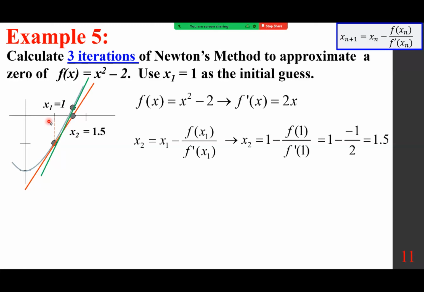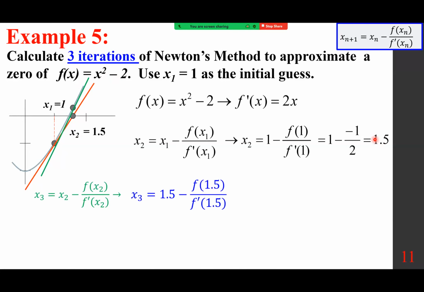By the way, we've already blown up the function f of x equals x squared minus 2. So for x sub 3, we write the formula and replace x sub 2 with 1.5. You should be able to show work at least for a couple of them, and then if you want, you can use a calculator.